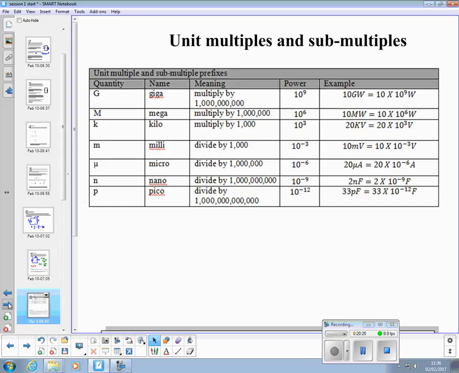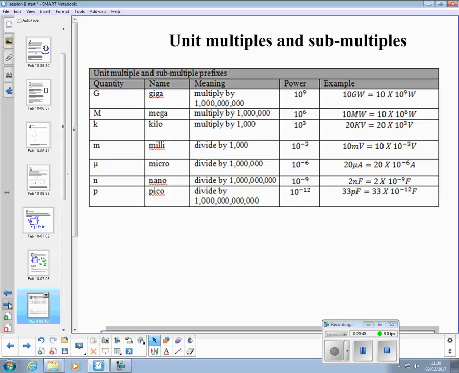Ohms, we could well talk about megaohms. The only one you would normally get anywhere near on giga would be frequency, gigahertz, and even then the subject matter of this course doesn't have us very often talking about frequencies as high as that.